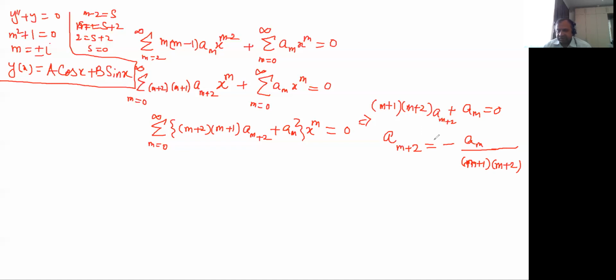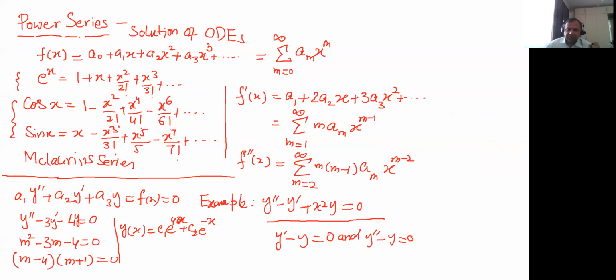This relationship tells us that if I want to get the a term which is two terms after that, then I can use this equation. So based on the values of m, I can now get these coefficients which are needed for our solution. Okay, so I need these coefficients a0, a1, a2 in a recursive manner.